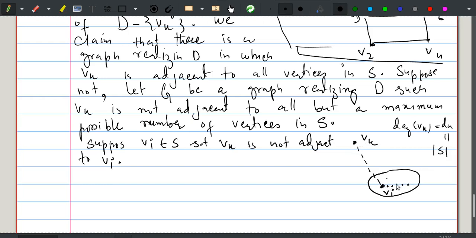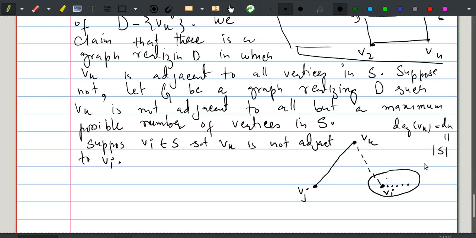It is given that there are dk edges incident on Vk, so there must exist a vertex outside this set, say Vj, such that Vj is adjacent to Vk.